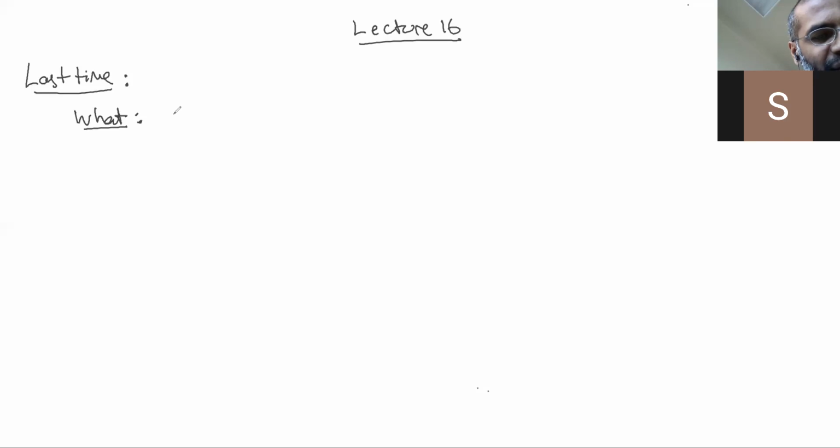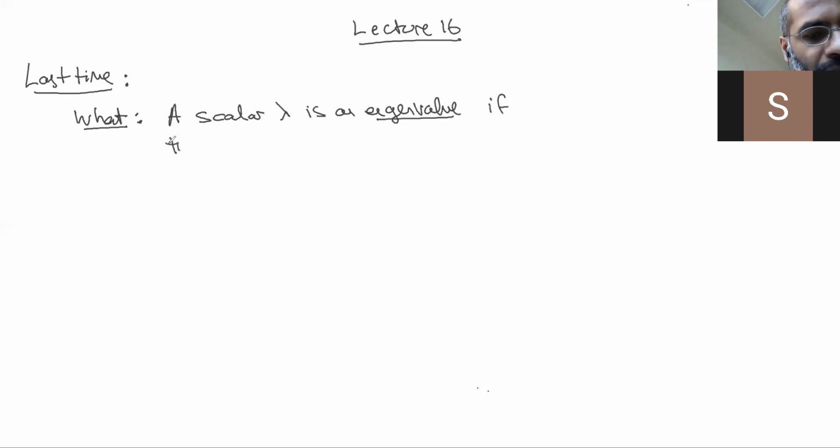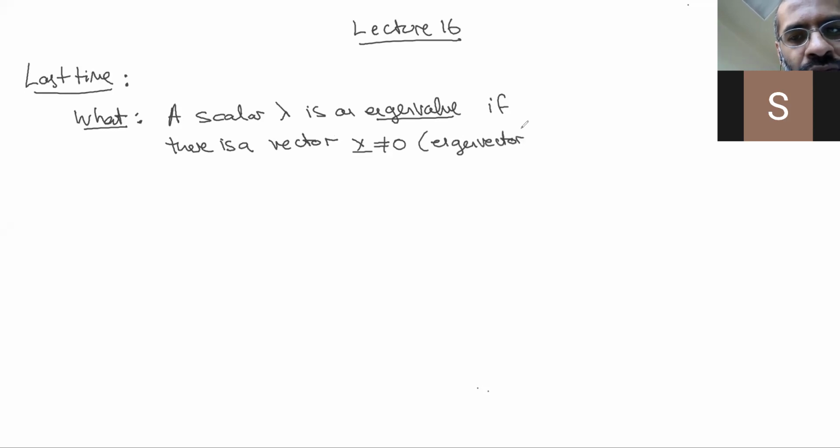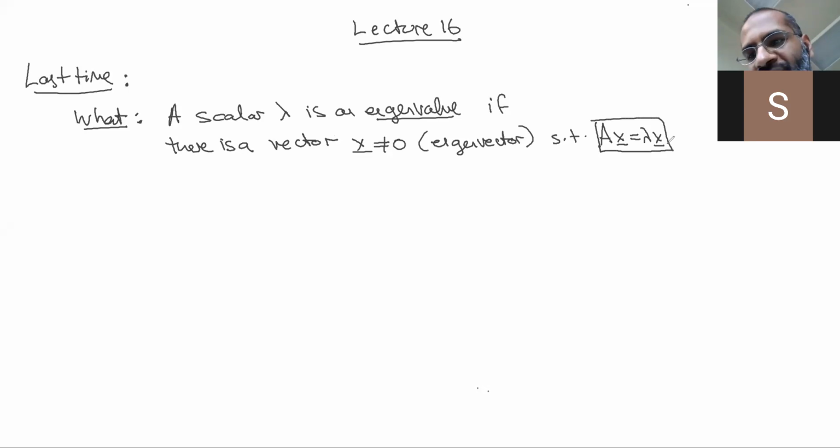In particular, we said that a scalar lambda is an eigenvalue if there's a vector, which has to not be 0, so that's called an eigenvector, such that this equation is satisfied, Ax equals lambda x. That's the eigenvector equation. What it says is that A doesn't change the direction of x.